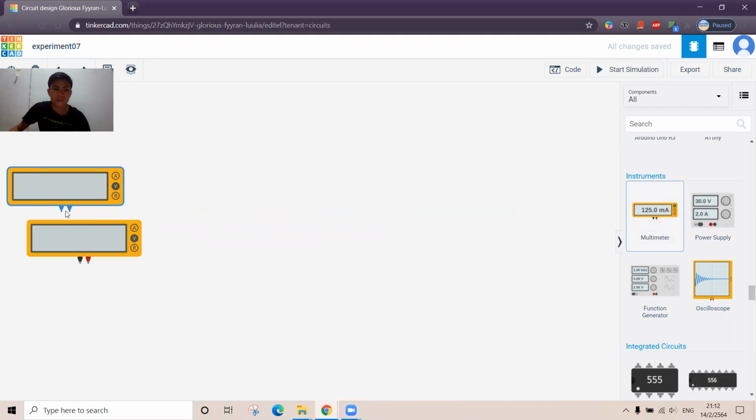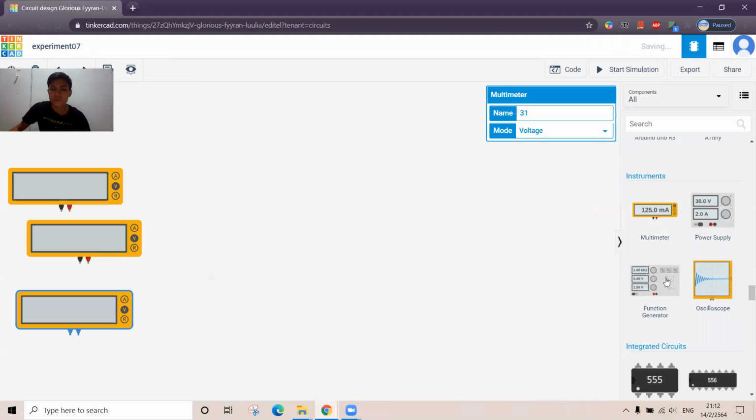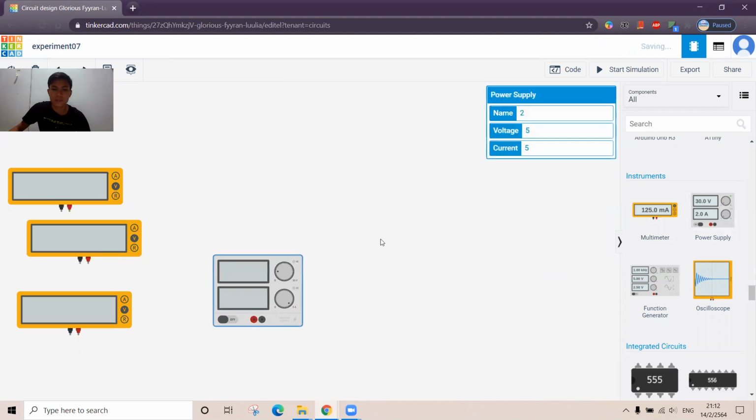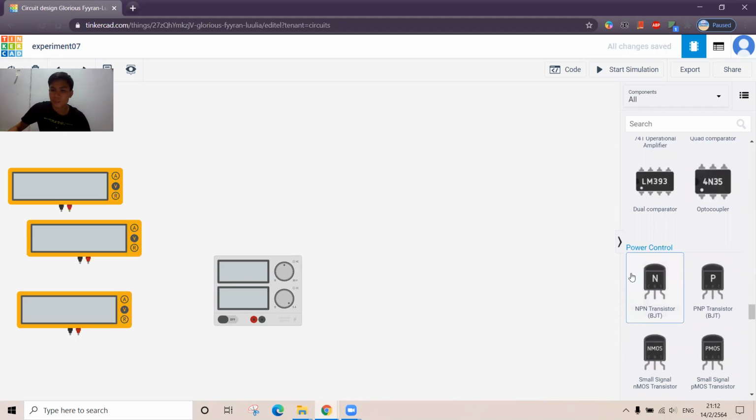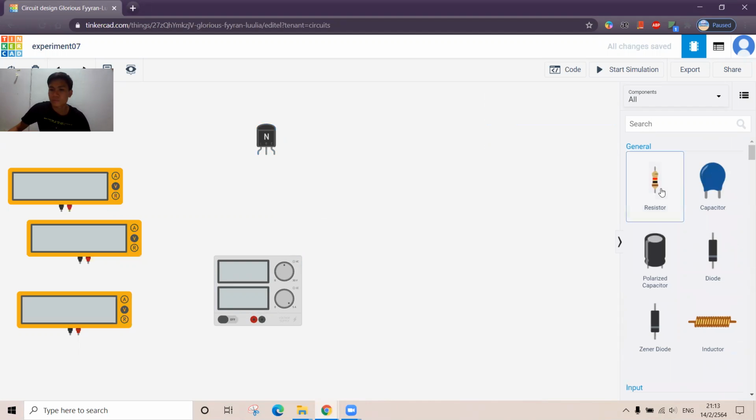This one later. Also, our supply is set to be 15. NPN transistor. Two resistors.